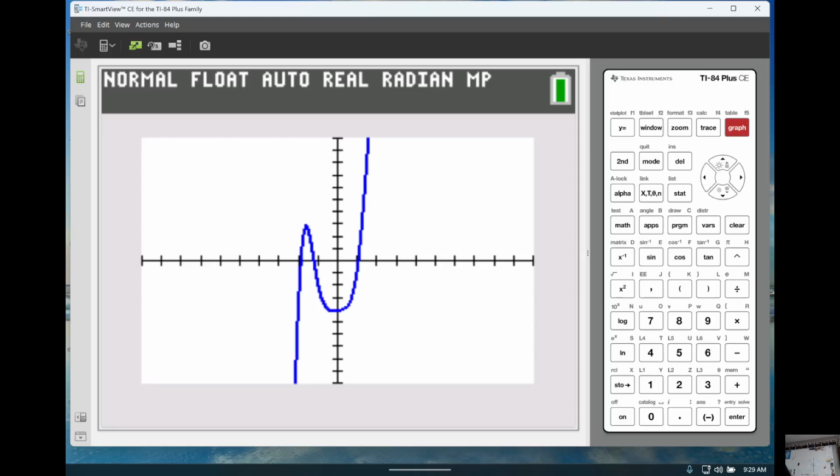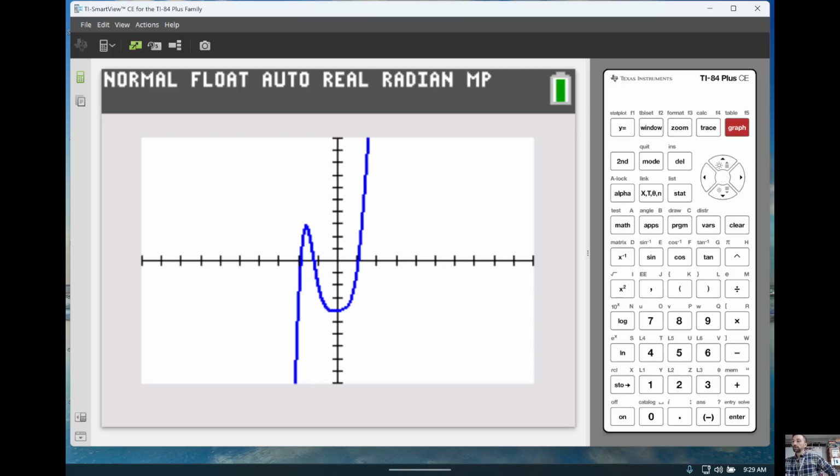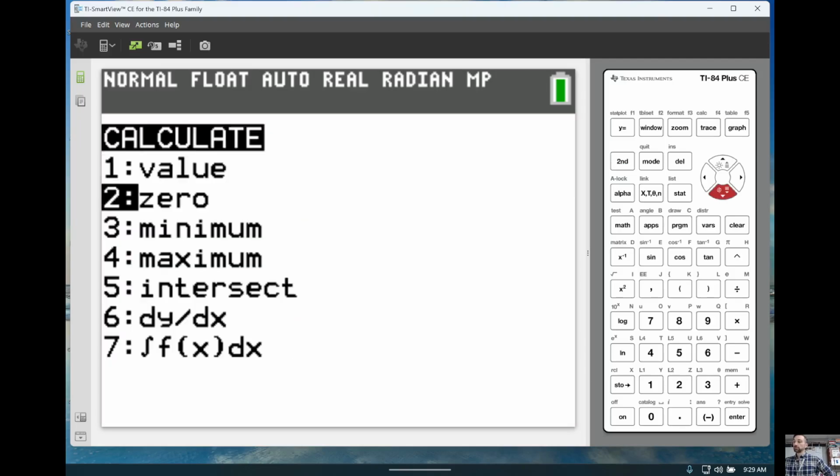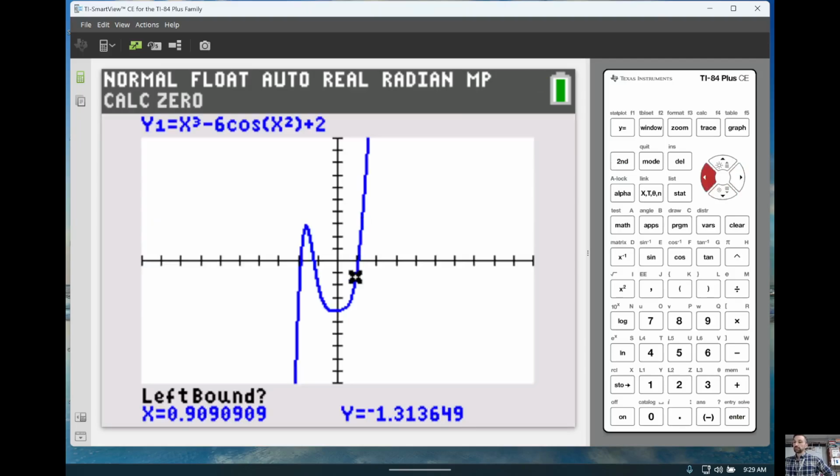To find those values, this is what we practiced in the calculator circuit a couple classes ago. So I think this goes through 1, but I can ask my calculator to calculate the 0 to be sure.